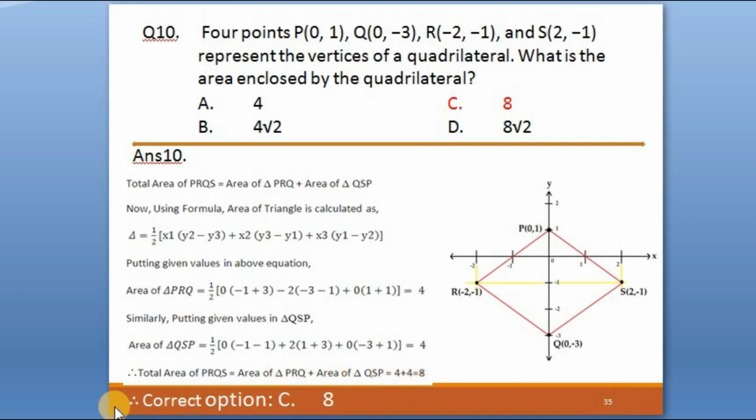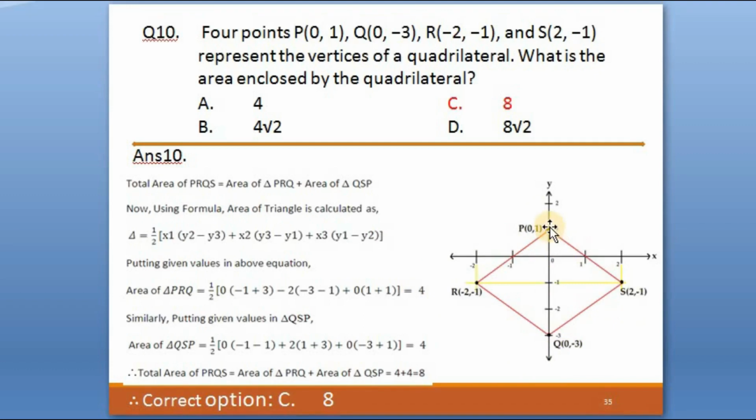Now in this question, one important thing is that whenever we are calculating the area of triangles using this coordinate approach, we have to maintain the sequence in which we take the coordinates. Since in the first triangle we are taking the anti-clockwise way, that is PRQ, similarly in the second triangle, QSP, we have to follow the anti-clockwise pattern, right?